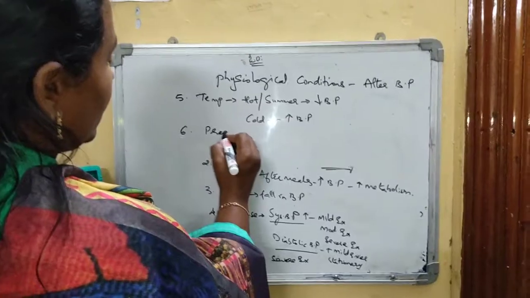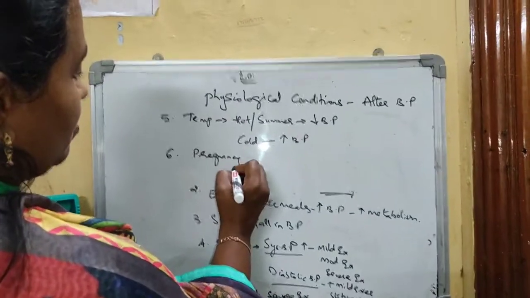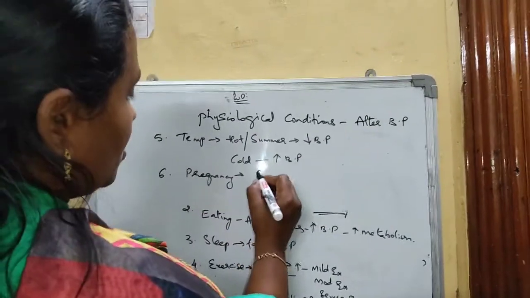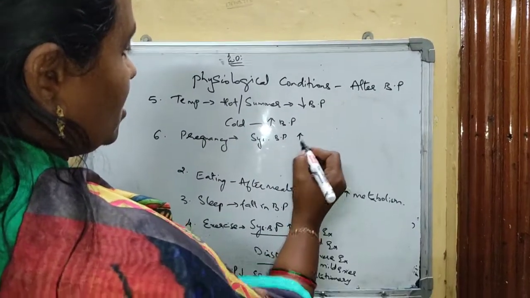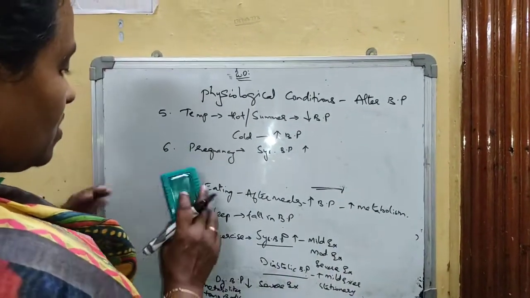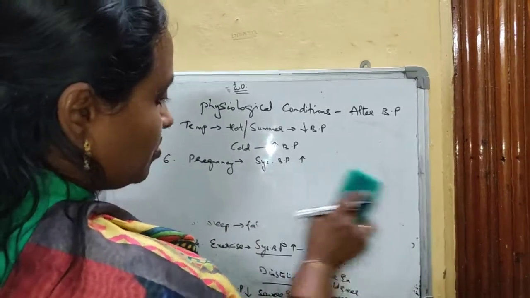Next, during pregnancy, systolic blood pressure increases in all three trimesters, that is first, second and third.